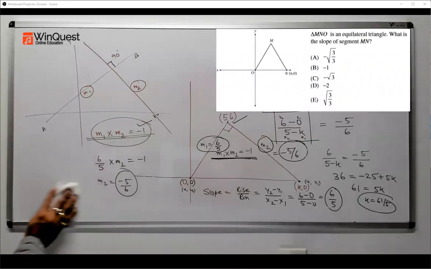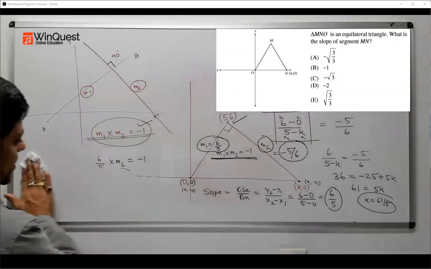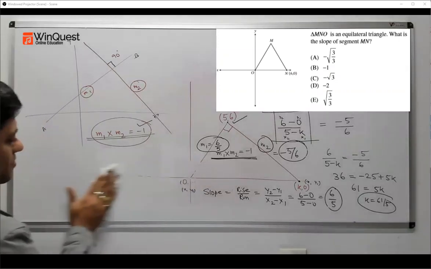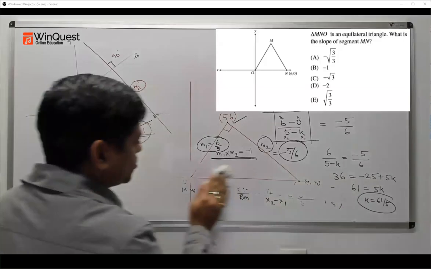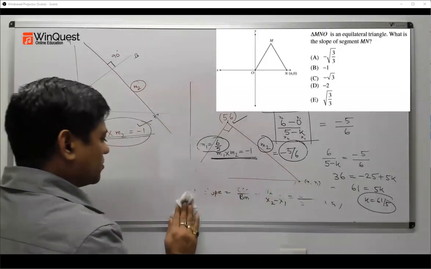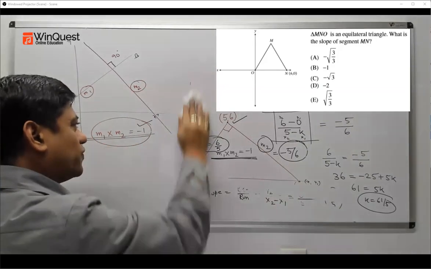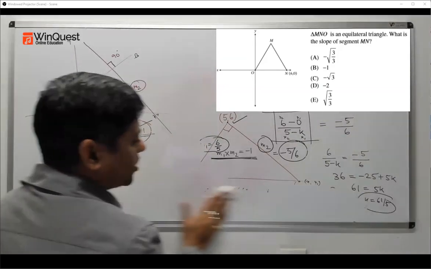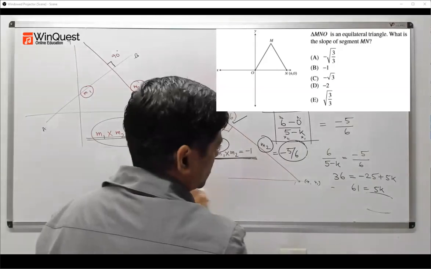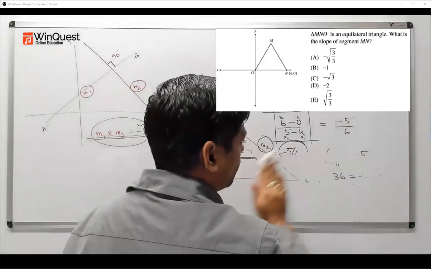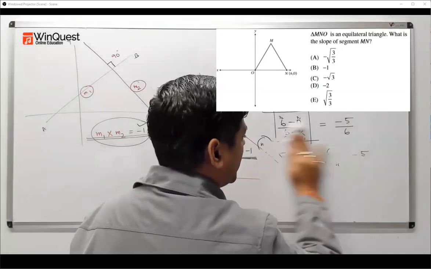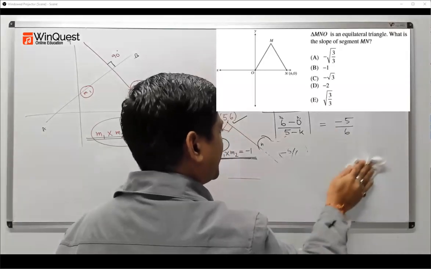Guys, you do 5 problems for one topic. But if you focus on those 5 problems, you will be able to solve the 6th problem on your own. If you don't focus and you do 50 problems, your state will still be the same. No point. Please focus. Try to understand what is the ask here.